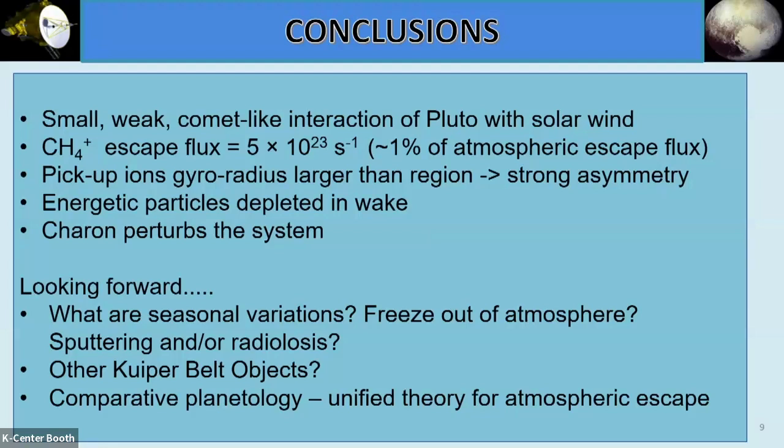What about the radiolysis of their ices on the surface? This could be important for the chemistry of the ice and volatile systems. I think there's a lot more work to be done to think about the implications of these charged particles in the outer solar system impacting these icy bodies.